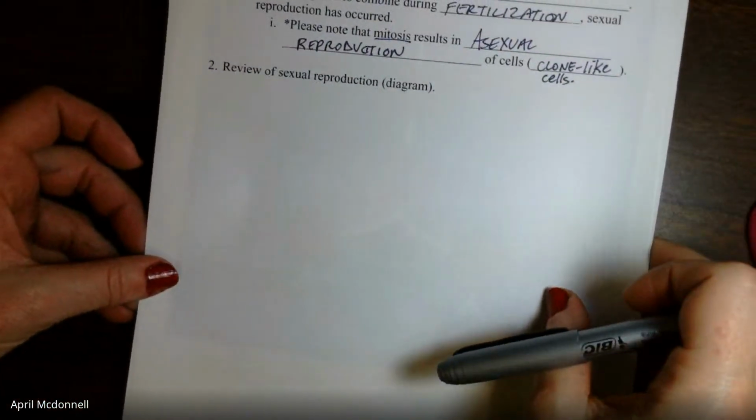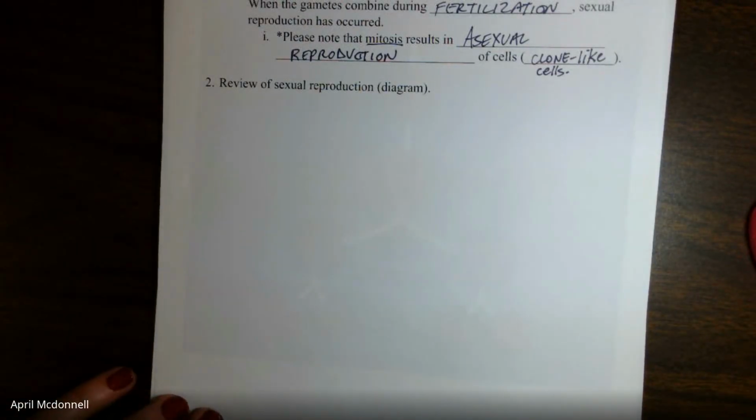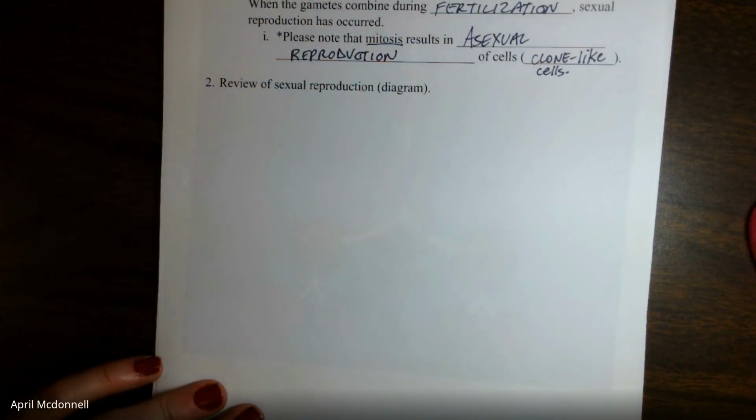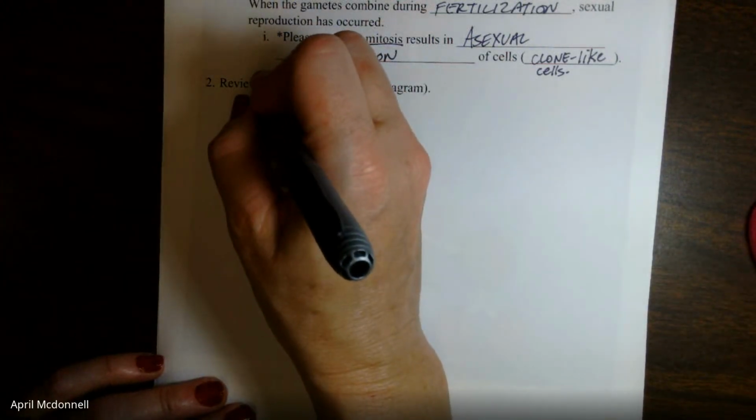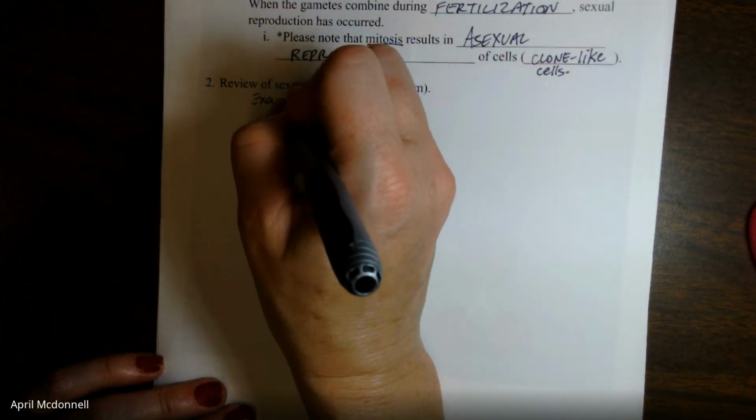Okay, let's do a quick review of sexual reproduction. This is a review of what we learned from chapter 10. We're going to use humans as an example.